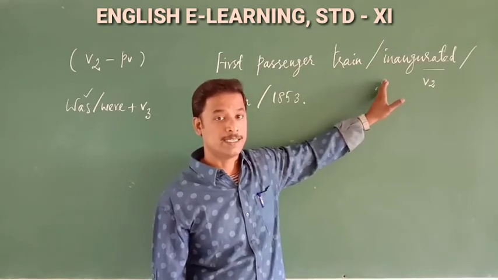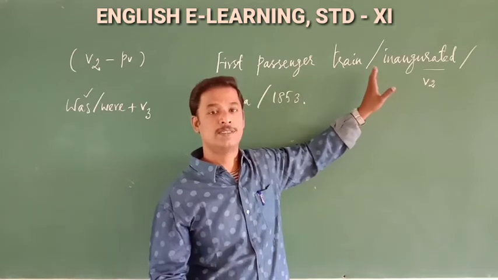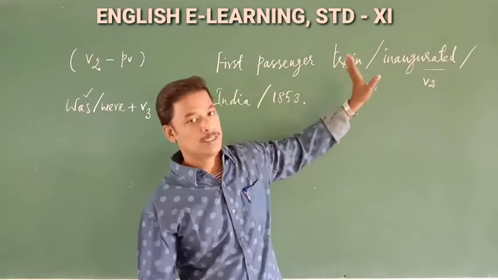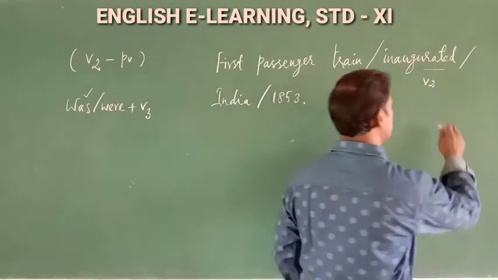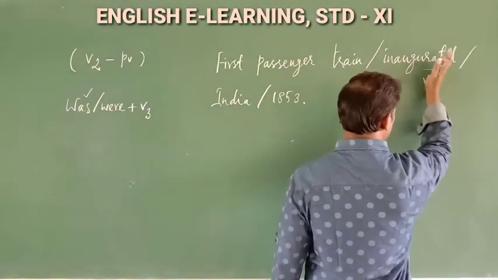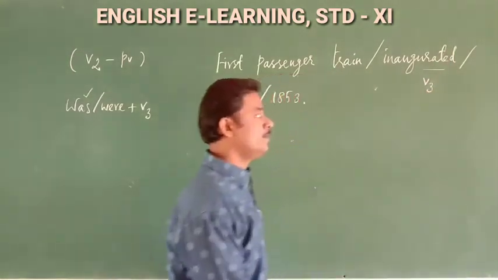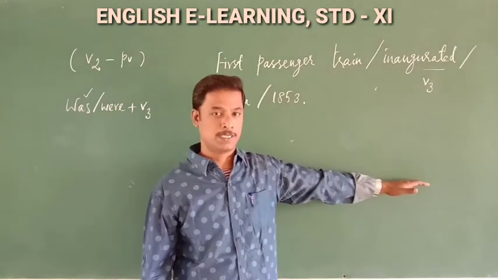It is hidden. The helping verb, that is the auxiliary verb, is hidden here. The verb inaugurated only is given here. Okay, so we cannot call this term verb 2. It is in verb 3 only. Okay, right. So we are going to use the same verb 3, that is past participle only.